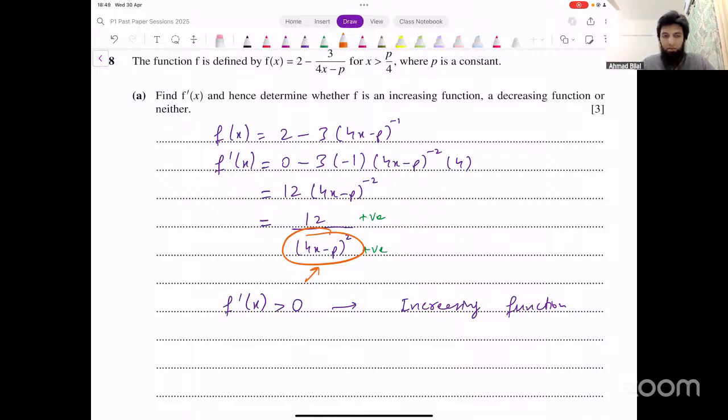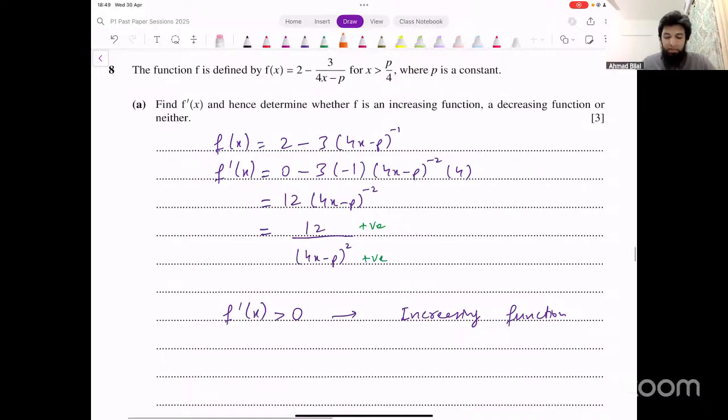The output from a square can never be negative. The least it can be is 0. But in this case, it can't even be 0, because 0 would be when x is equal to p over 4. And the question says x is greater than p over 4. So it can't even be 0. It has to be positive because it's a square. Square cannot be negative. Okay.